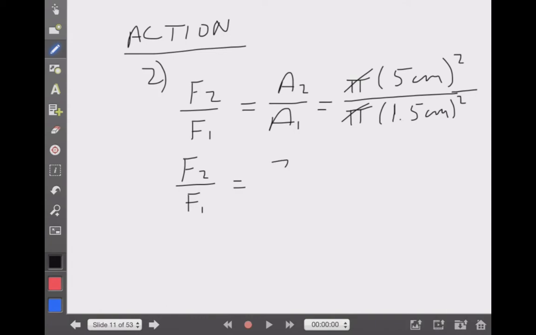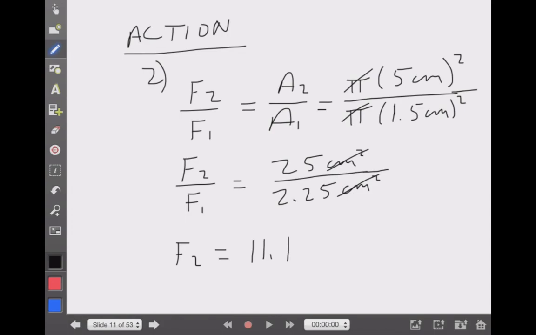This is going to be 25 centimeters squared over 1.5 squared, which is 2.25. We see that these cancel out, and as before, this should just be a number. So if we solve for F2 directly, it turns out that 25 over 2.25 is just a little bit more than 11. It's 11.1. And this is now going to be times 1100 newtons, because that's what F1 is.